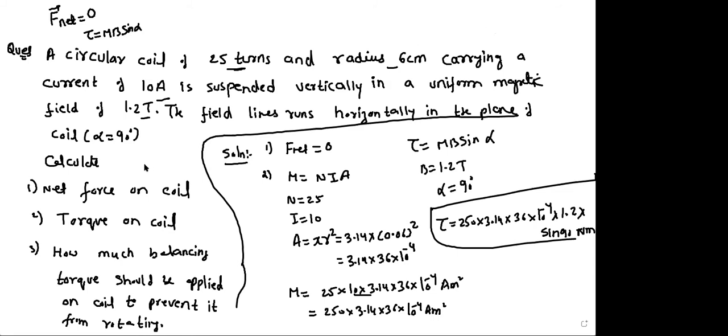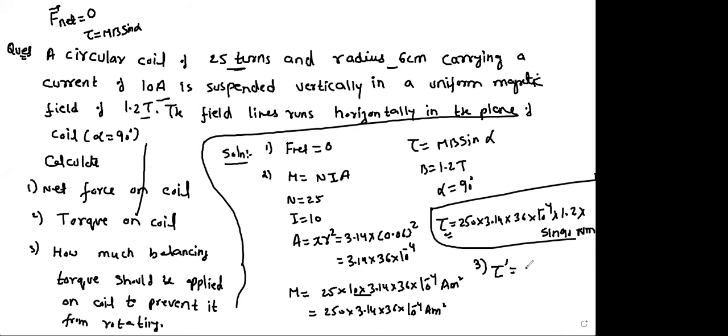There's one more part left. Okay, Fatma, if magnetic field is applying this much torque on the coil, and due to this torque this coil is rotating, how much torque will you apply to prevent this coil from rotating?